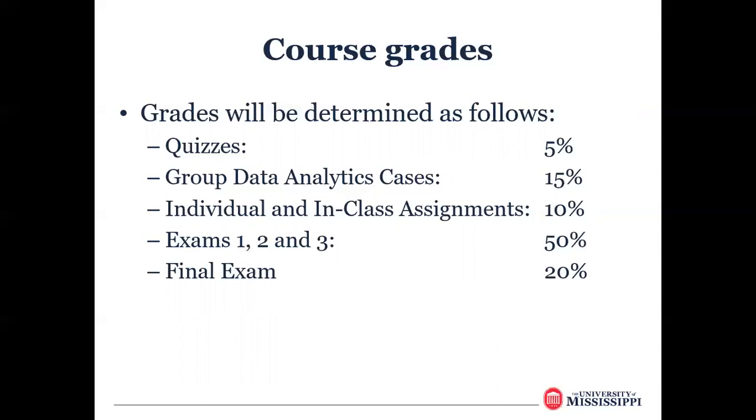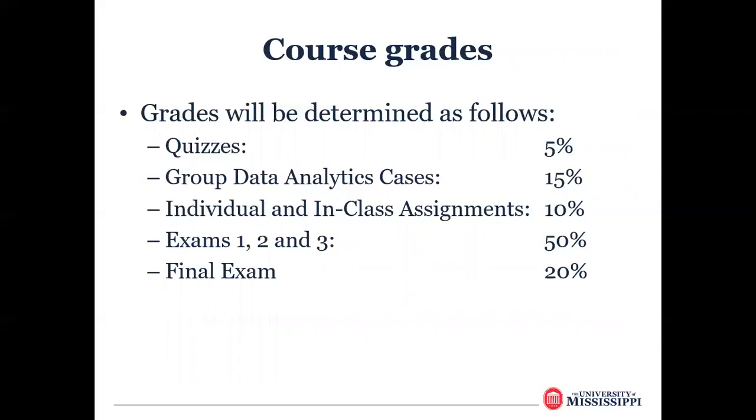The individual and, that should say, the individual and group assignments will collectively be worth 10%. They'll all be equally weighted, so each individual and group assignment will be worth the same amount. So 10% divided by the total number of those assignments.